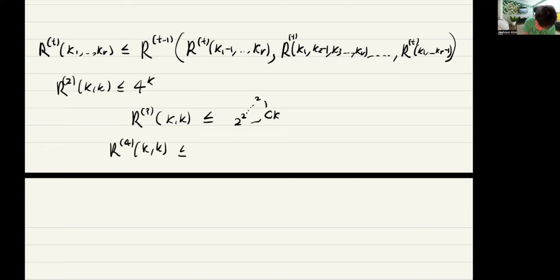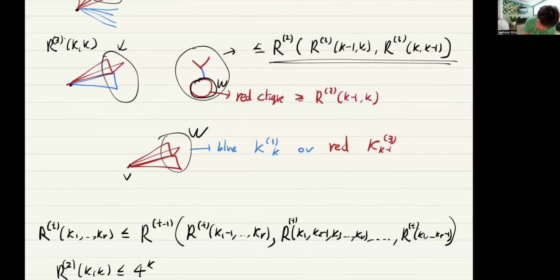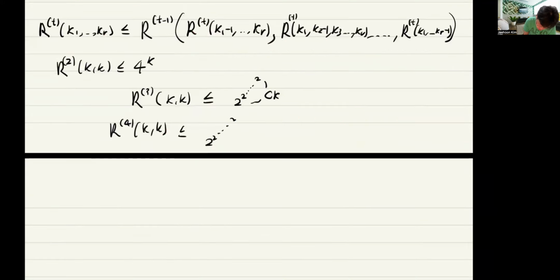That's already bad enough, but what if you take four-uniform? Then this is a tower function because R_3 is a tower function. Here you have to take R_3 for a tower function. Then the length is again R_4 of (k-1, k), and you keep repeating. The height of this is also a tower function, and the height of this is also a tower function.